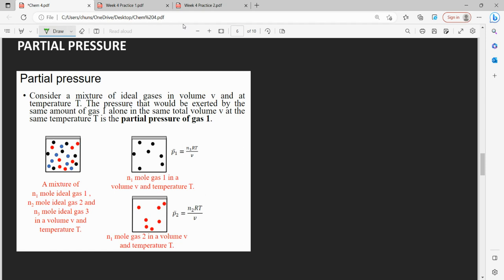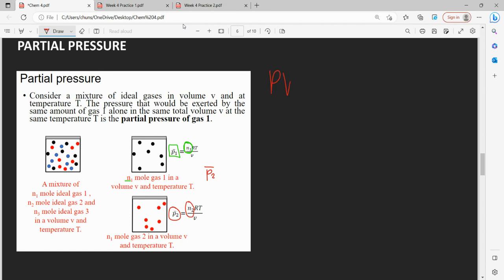So for this one here, the partial pressure of substance 1 takes into account only the moles of whichever this N1 gas is, right? And then similarly for our second gas, second partial pressure, which is represented with a P, the subscript of whatever it is, and a line over top, takes into account the number of moles only for that second gas.